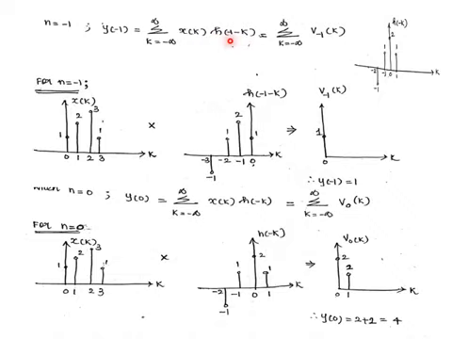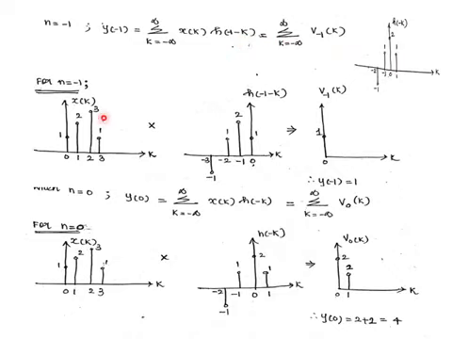And this can be obtained by shifting this h of minus k by minus 1 units. Now, since the value of n naught is negative here, you have to perform left shift. That is, h of minus k has to be shifted by 1 unit towards left in order to get h of minus 1 minus k.